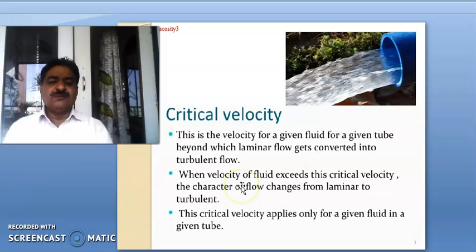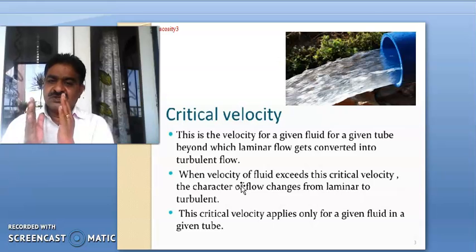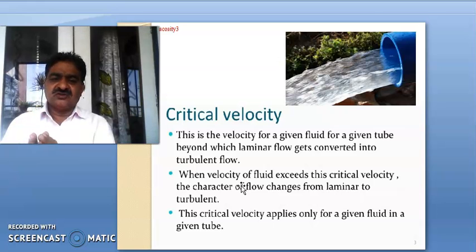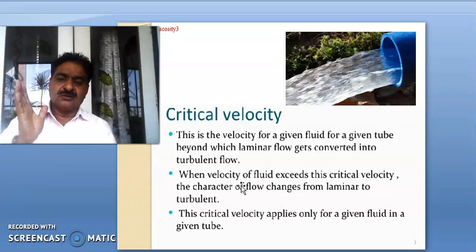When the velocity of the fluid exceeds the critical velocity, there is a change in the character of flow. The texture of the flow changes from laminar to turbulent.